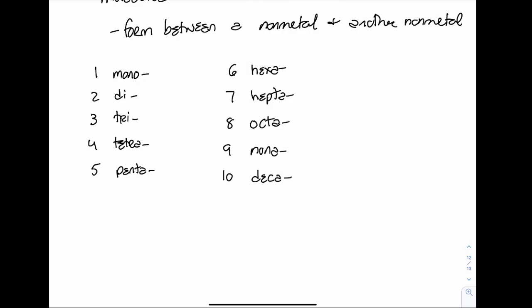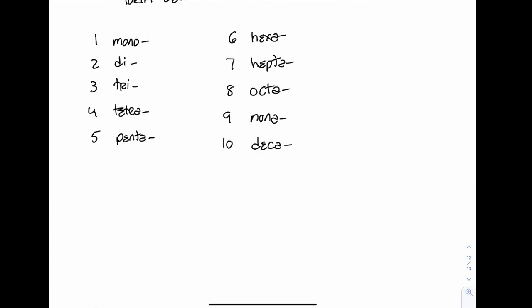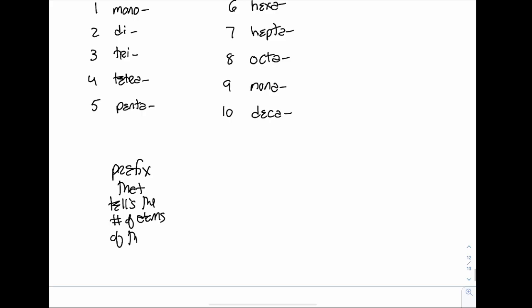So how we're going to write it is we're going to have a prefix that tells the number of atoms of the first element. And I can't say of the cation because I don't have a cation. I can't say cation first, anion second.